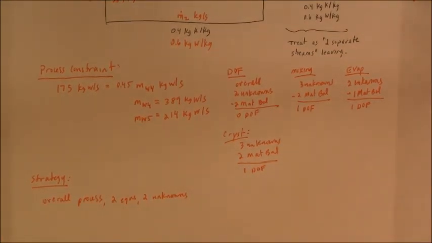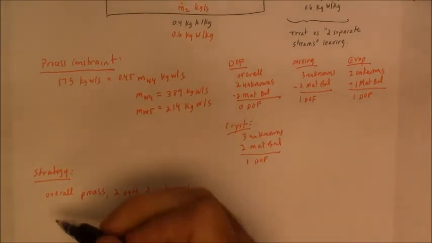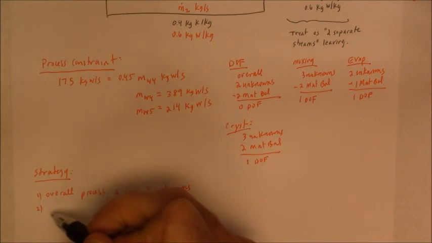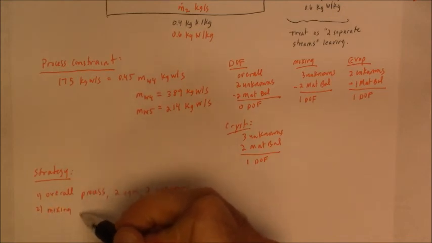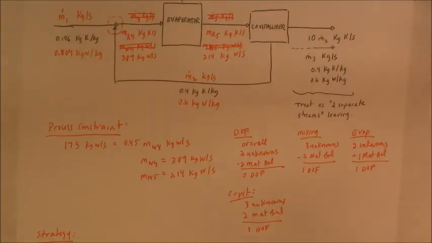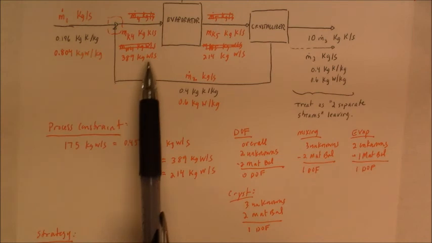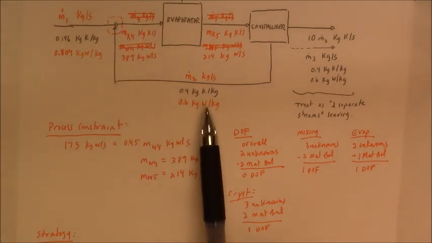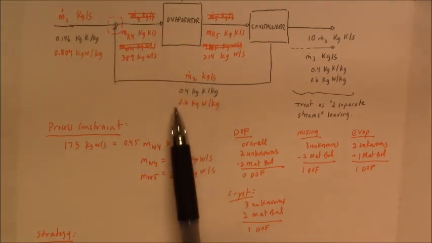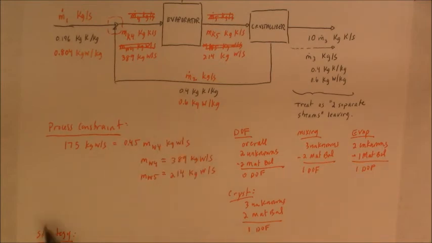But the good news is once we solve for M1 and M3, we can move on to the mixing point. At the mixing point, we can start with the balance around the water, because we know the water in this stream, the water in this stream, and we can use that to solve for M2 by knowing the composition of water in this stream.